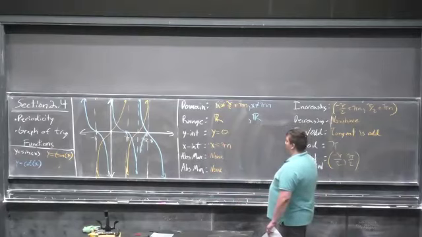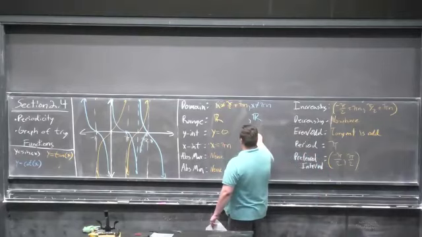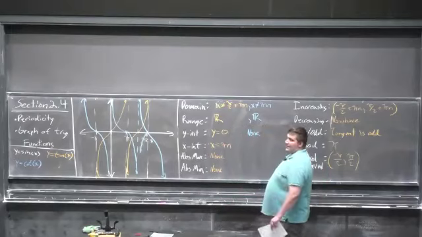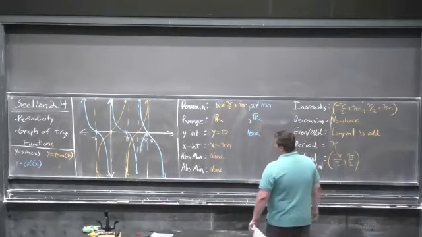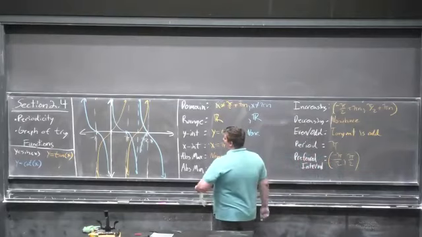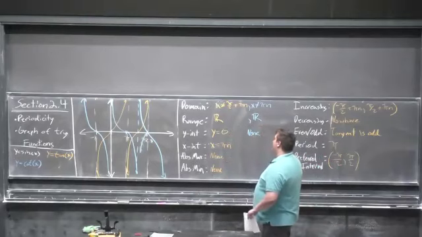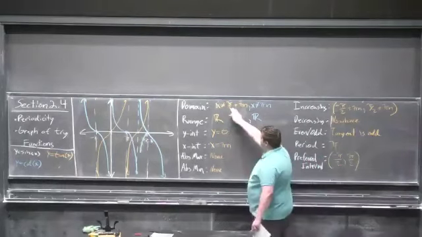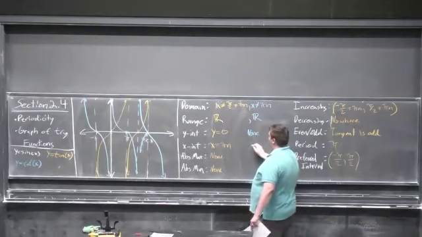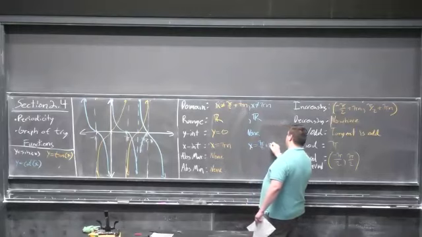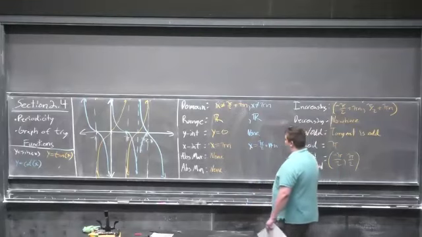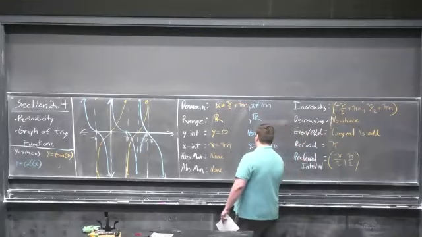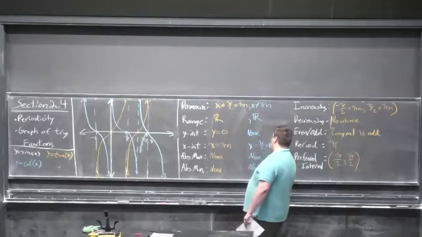Y-intercept, there is no y-intercept because it's asymptotic at 0. There is no defined value at 0. My x-intercepts are going to be everywhere where tangent went asymptotic. So that was at pi over 2 plus n pi. So we're going to write pi over 2 plus pi n. And is there an absolute max? Nope. None and none.